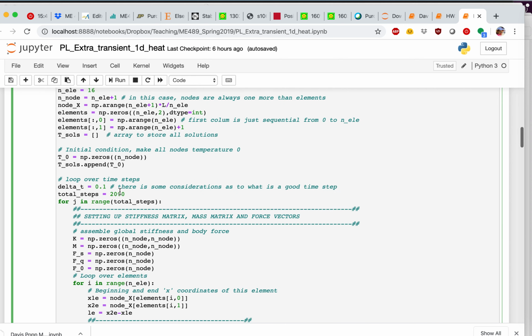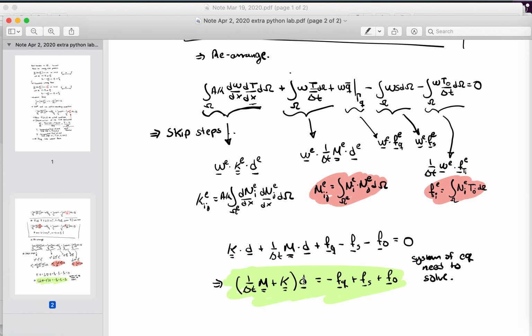Then I need to integrate over time. So instead of a single temperature field, for every time I'm gonna get a temperature field. Because what I'm gonna be doing is solving this equation repeatedly. I'm gonna start with some temperature field, and then find the solution for the temperature field at the next time step.